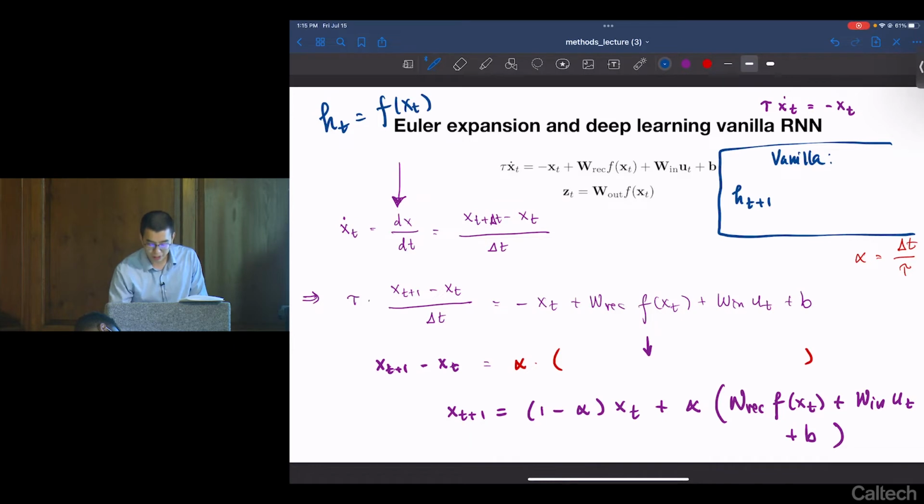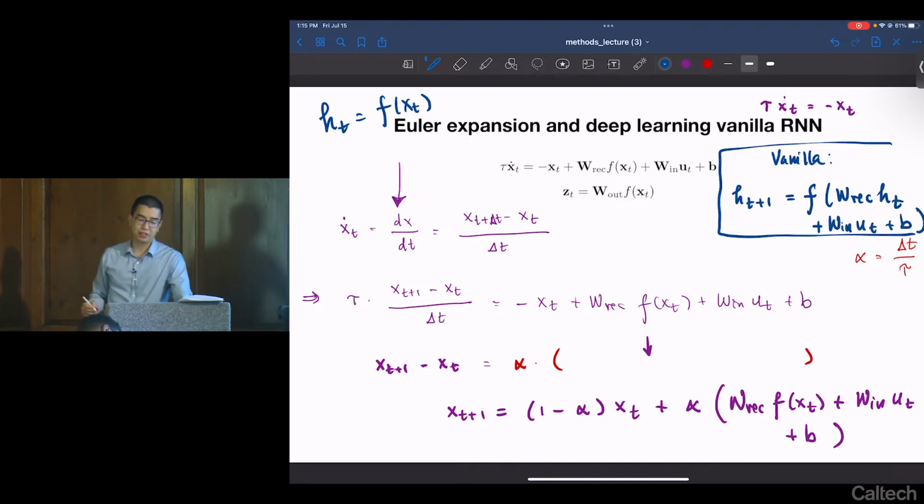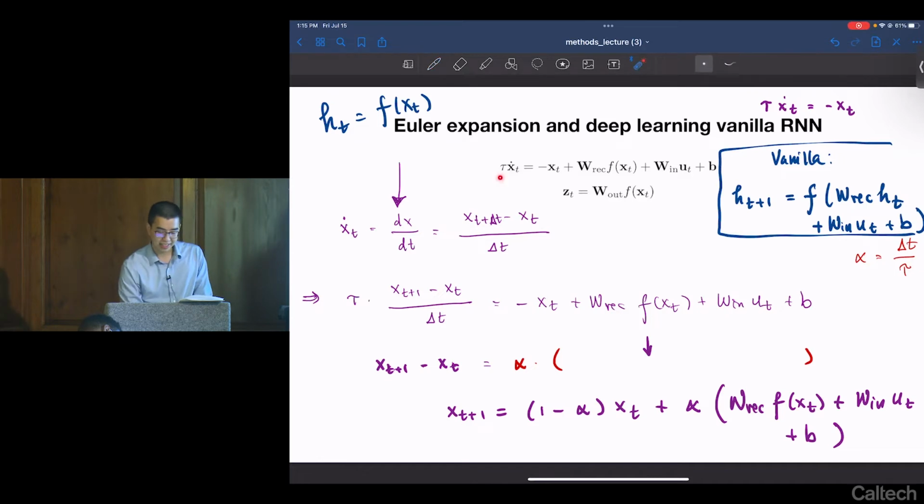So the vanilla recurrent neural network is h of t plus 1 equals f of w recurrent times h of t plus w in times u of t plus bias. And the way that this continuous time RNN relates to the vanilla recurrent neural network is a vanilla recurrent neural network is this equation with alpha set to 1.